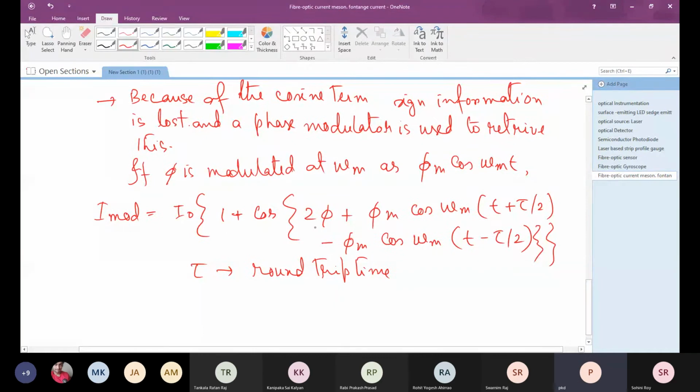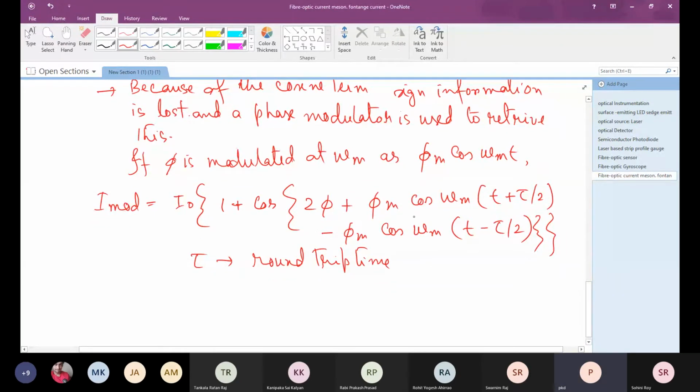So twice phi, because one is phi and another is minus phi, is due to the Faraday effect. This other one is due to the phase modulator, where one is phi m and the other is minus phi m depending on the direction of propagation, unlike the Faraday effect. So this is plus phi m cosine omega m (t plus tau by 2), and this is minus phi m cosine omega m (t minus tau by 2).